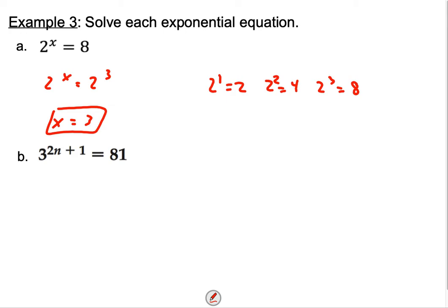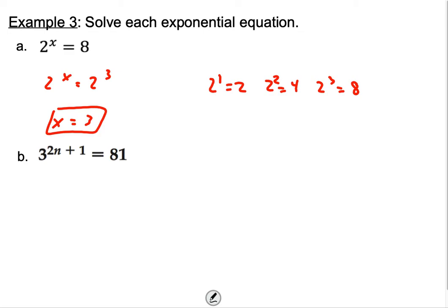All right, so the next one, letter B. Again, I'm going to write them in terms of the same base. Looking at the bases, not the exponents, you've got 3 and you've got 81. Which one's smaller, the 3 or the 81? The 3 is. Can you write 3 to a certain power to give you 81?